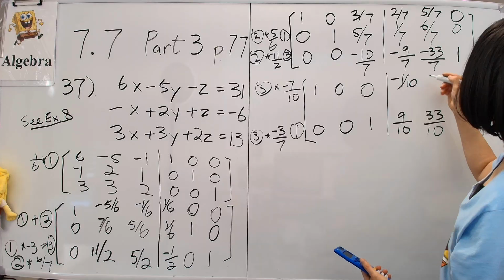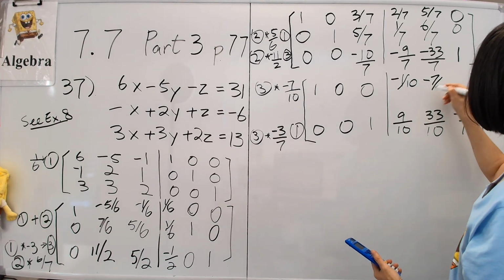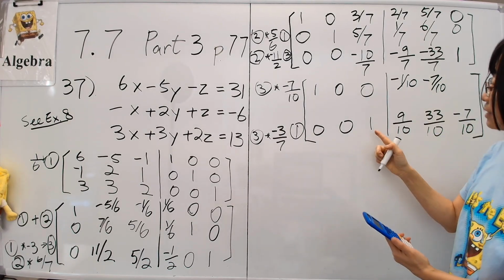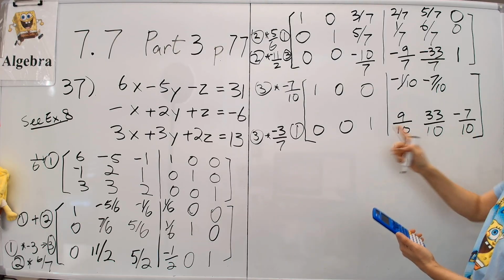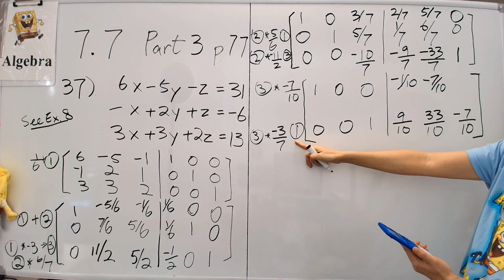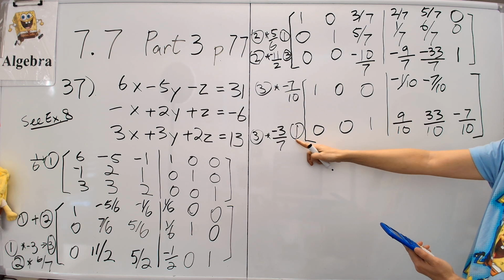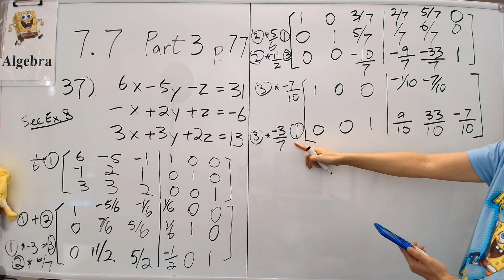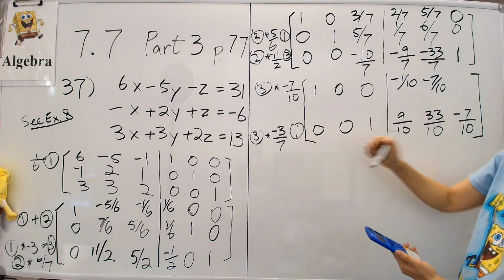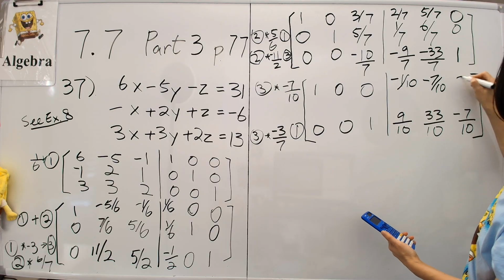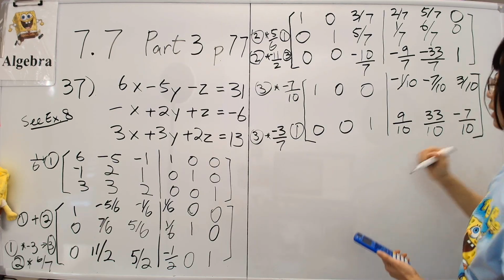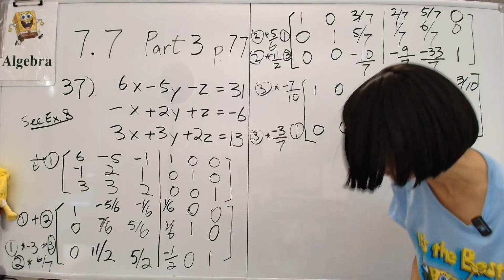Okay, that looks good. And the last thing is right here, this thing times negative 3/7. That's easy to do. I'll do this in my head. The 7 cancels out, that'd be 3/10. Then add to 0, that's just 3/10. And that is also correct.